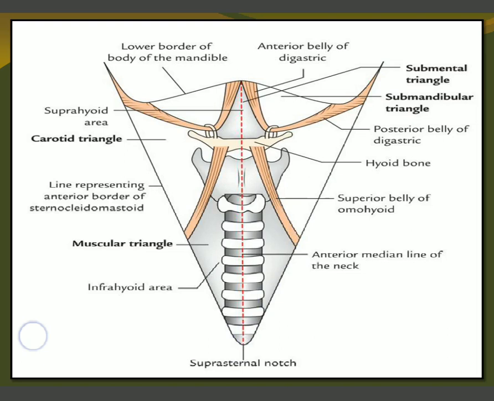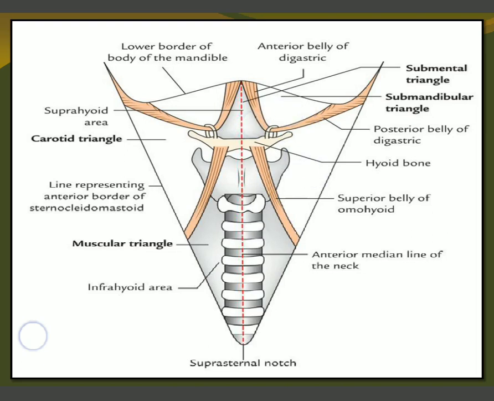But because of the two muscles you can see here, this is the digastric muscle, this is the anterior belly of the digastric, this is the posterior belly of the digastric, and this is the superior belly of the omohyoid muscle. Because of these two muscles, this anterior triangle is subdivided into four smaller triangles.